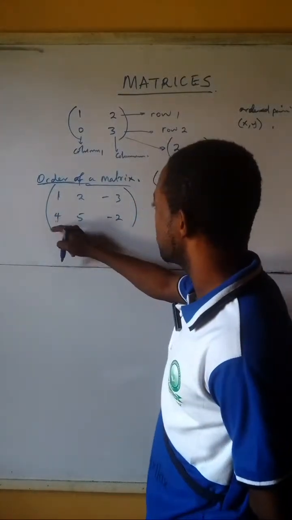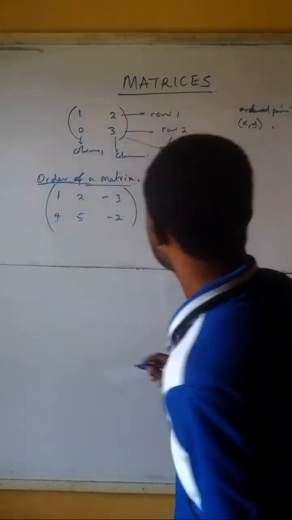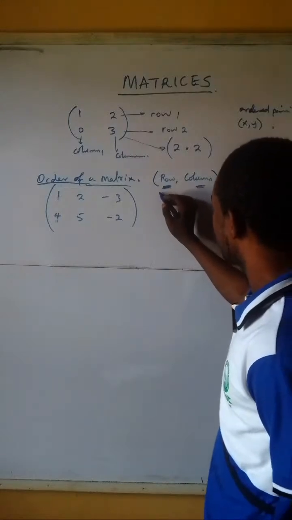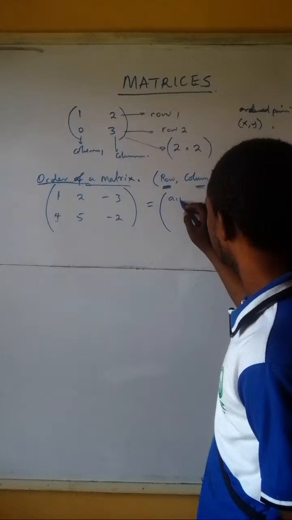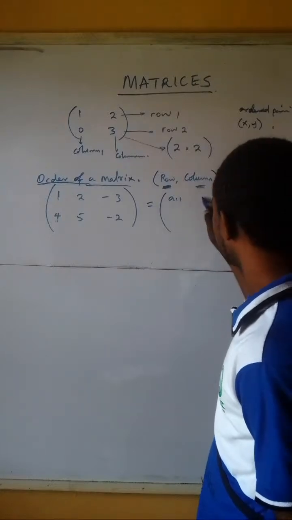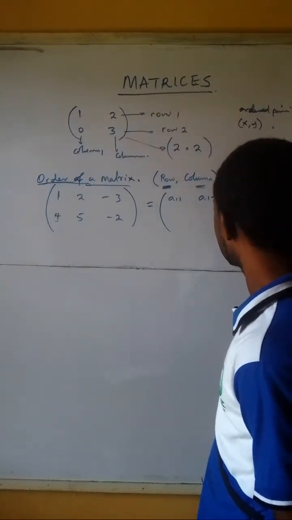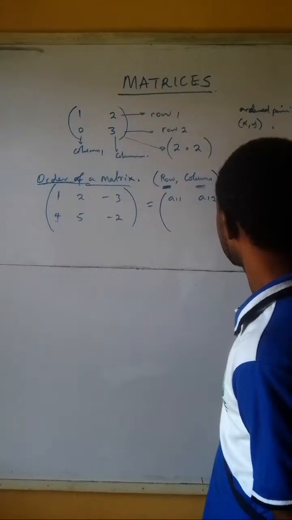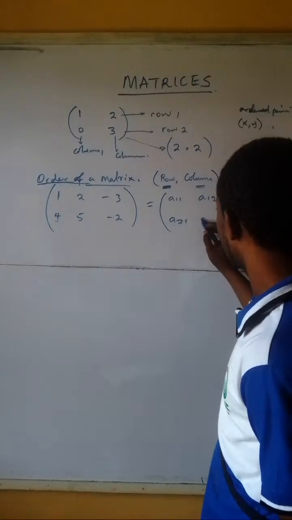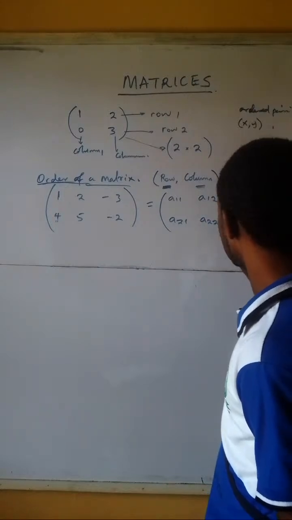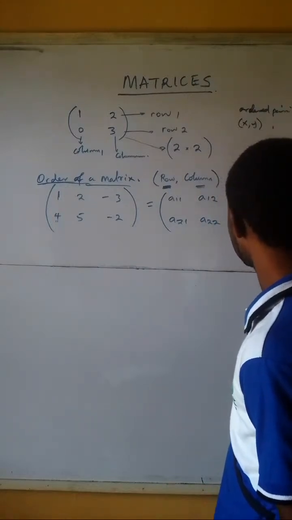So 1 here is the element in row 1, column 1. That is, in general, we can say this is equivalent to A11, then A12, A13, then here we have A21, A22, then A23.